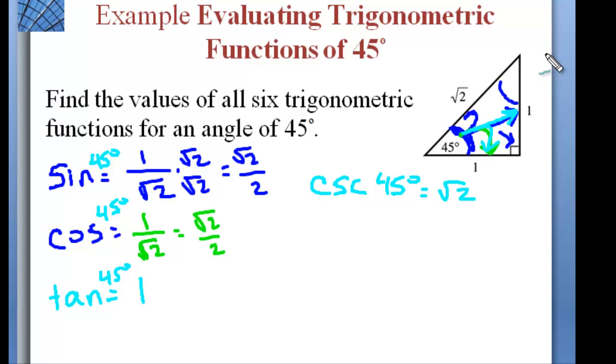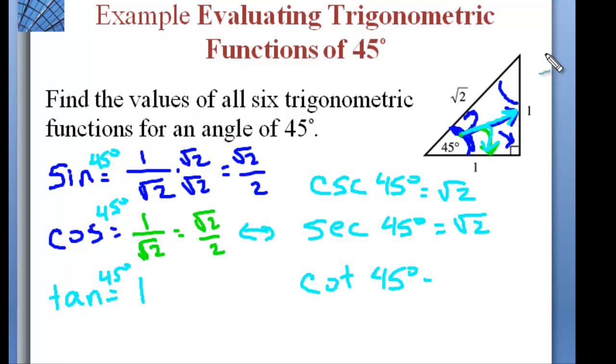The secant of 45 degrees is the reciprocal of the cosine, and again will be the square root of 2. And the reciprocal of tangent, the cotangent of 45 degrees, is 1 over 1, which is 1.